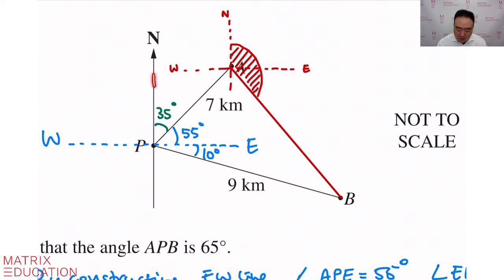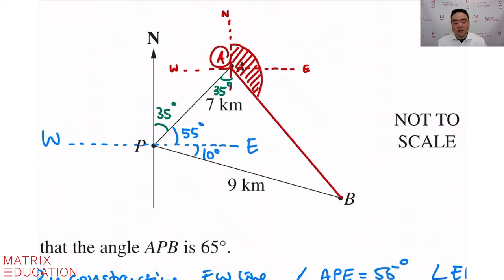If you look at this Z shape here, this north and that north are parallel. And so we can say that this angle is 35 degrees as well because that's an alternate angle. Let me just point this as A.